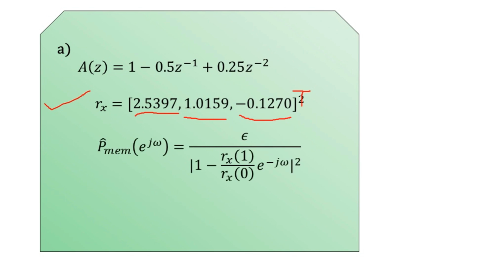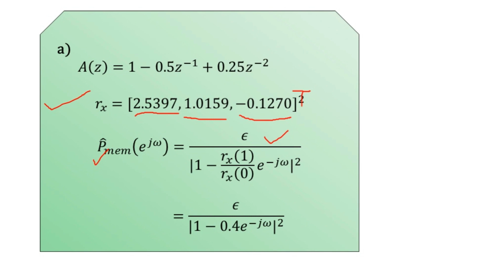Here we have the estimate P̂_MEM(e^{jω}), expressed as epsilon divided by the mod square of 1 minus Rx(1) divided by Rx(0) multiplied by the complex exponential e^{-jω}. At the next stage, it is epsilon divided by the mod square of 1 minus 0.4 times the complex exponential e^{-jω}.